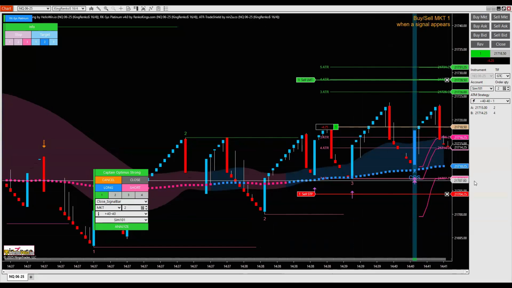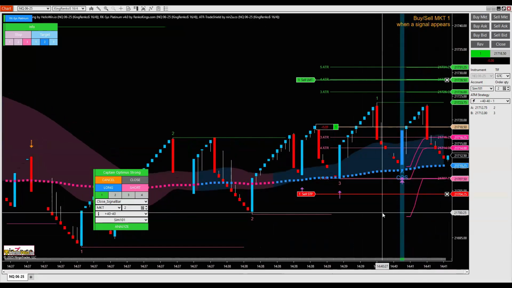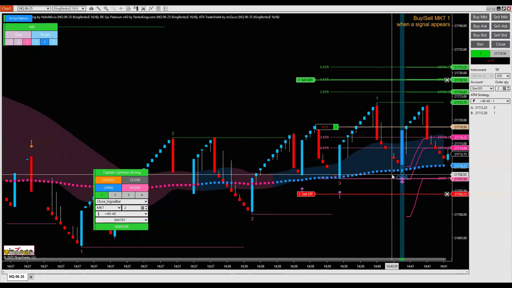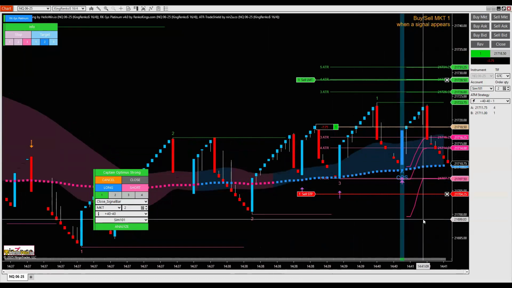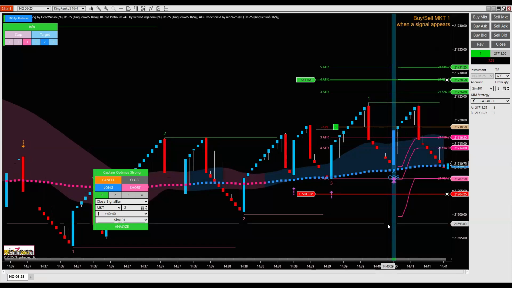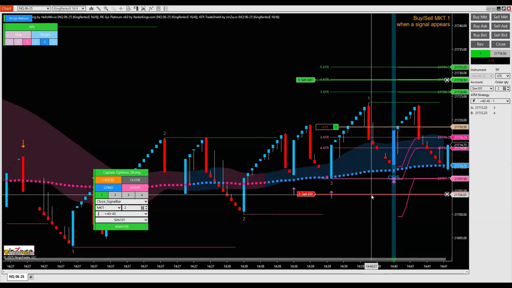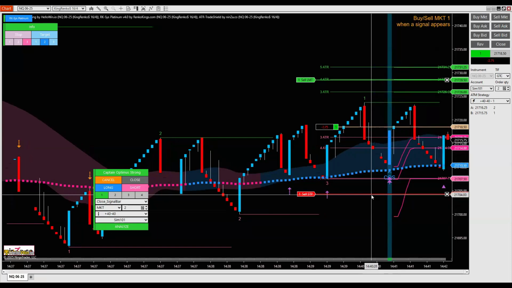These are the lines, which I kind of hide. As I said, I disable the lines. I just don't want to see them. NQ. Buy signal 2.